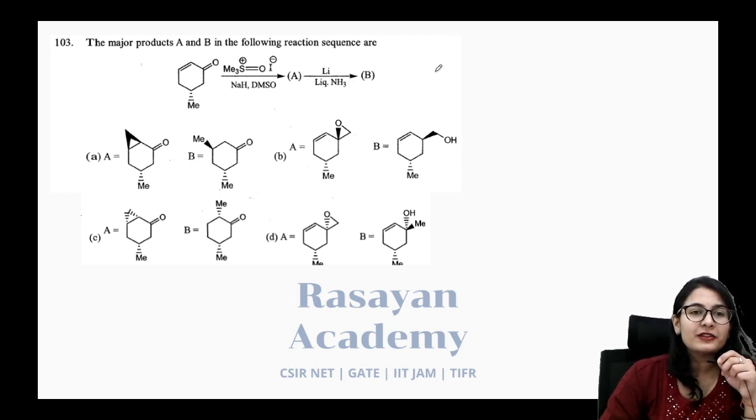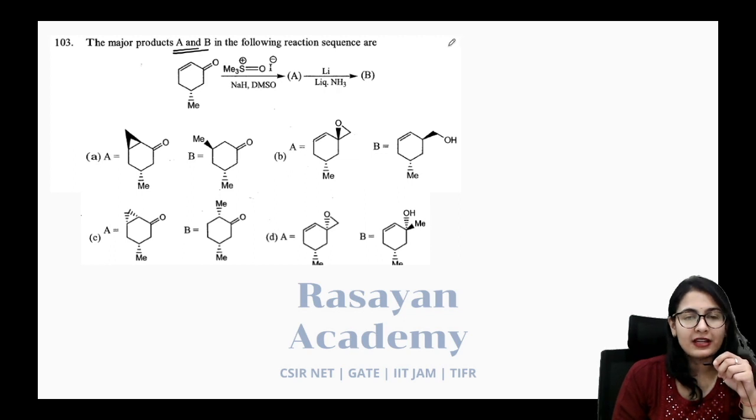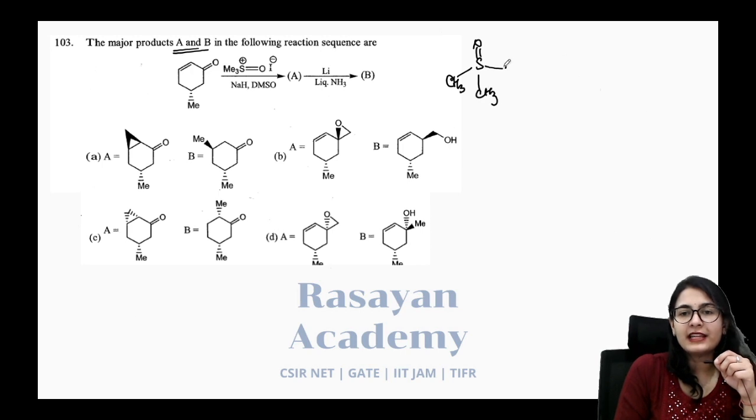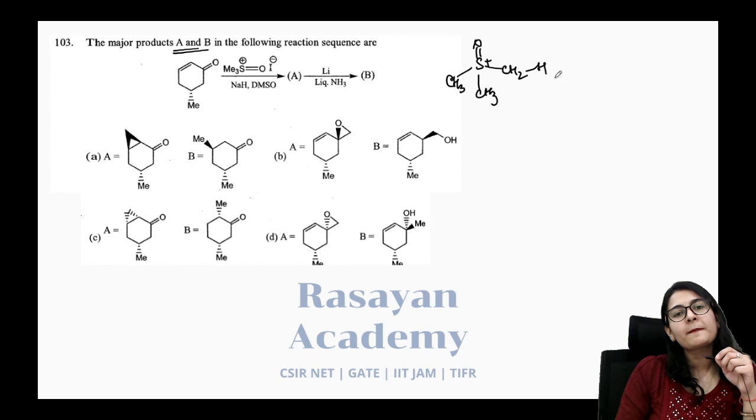Last question for today. The major product A and B in the following reaction sequence are. So you know this reaction very nicely when you are getting the ylide, or let's say this is not yet the ylide, it can be formed as the ylide, CH2, H positive on sulfur.